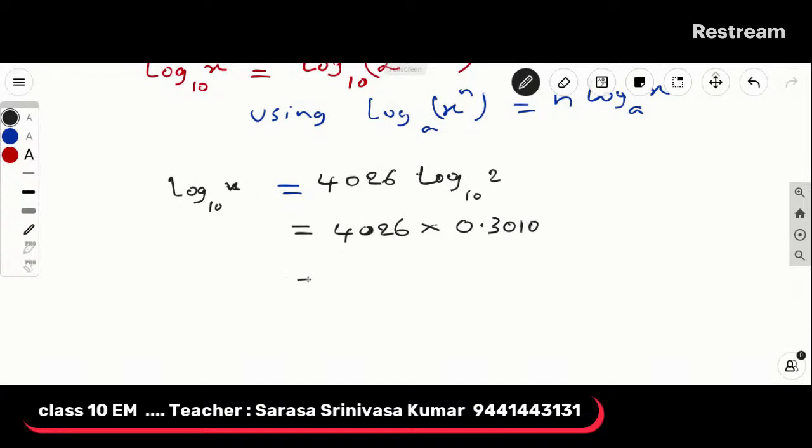This is equal to, we get 1217.8. So this is approximately equal to 1218.